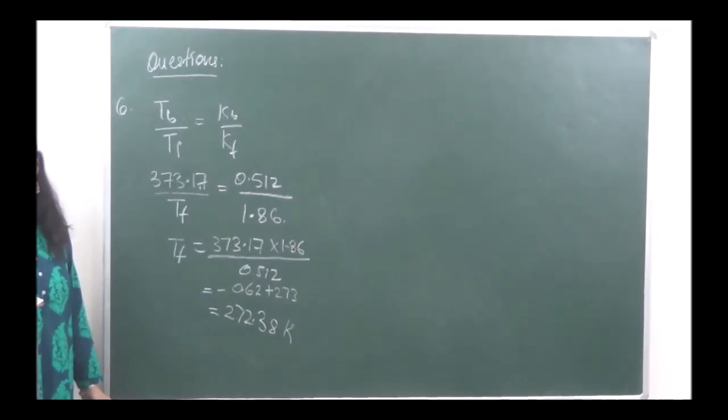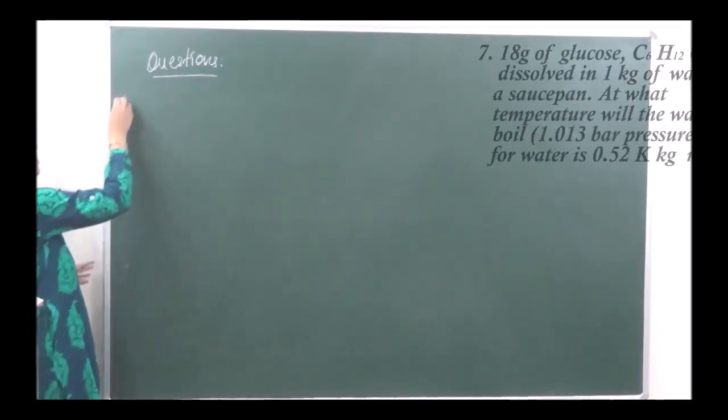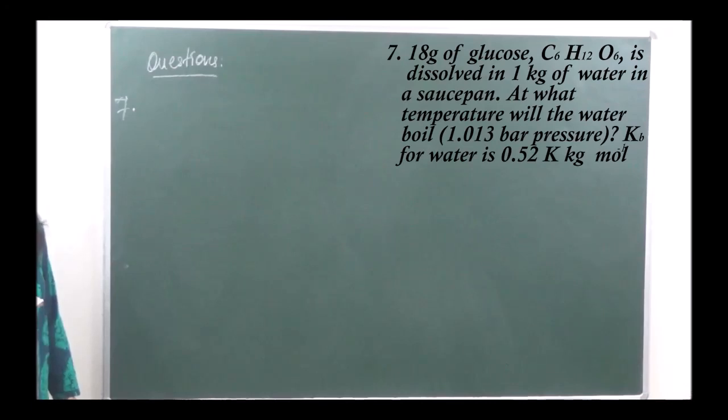Right? So let's go on to the next question. Question number 7: 18 grams of glucose, C6H12O6, is dissolved in 1 kg of water in a saucepan. At what temperature will water boil?